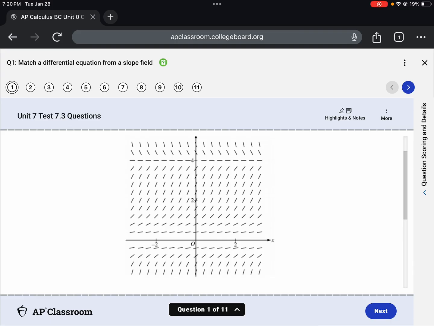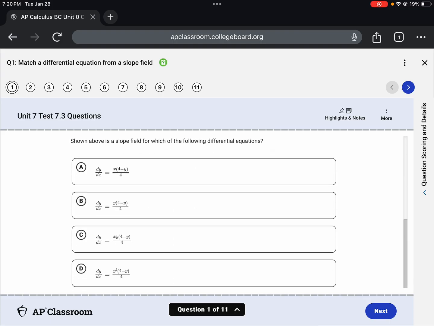So if the tangent lines are always the same horizontally, that means the derivative is always going to be defined in terms of y. So that would rule out C, because C also needs an x value in order to determine slope. So I don't think it's going to be C. I don't think it's going to be A. It's going to be B or D.